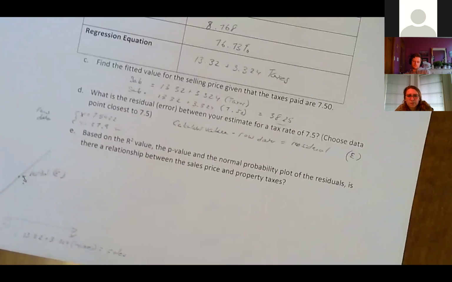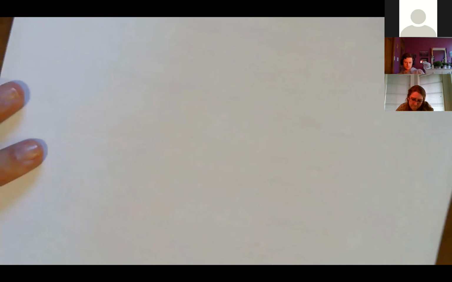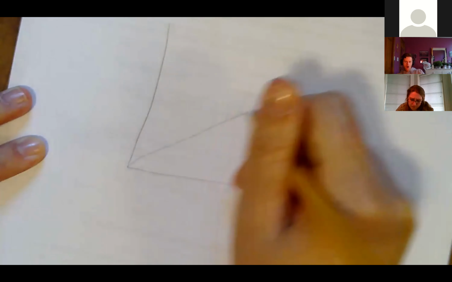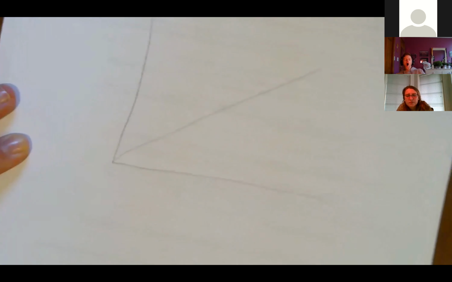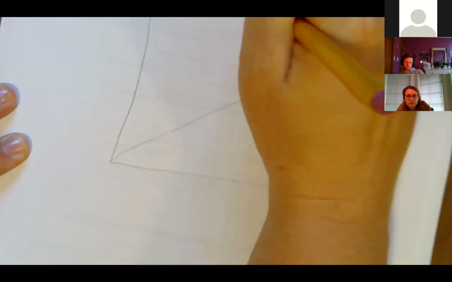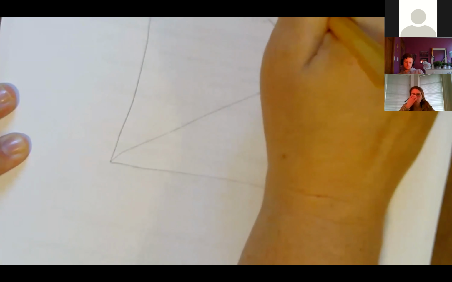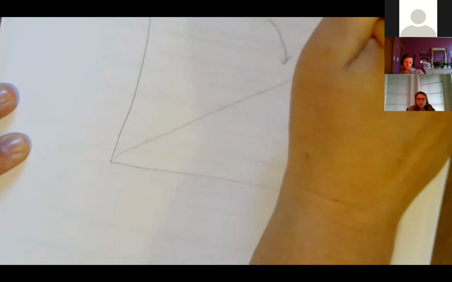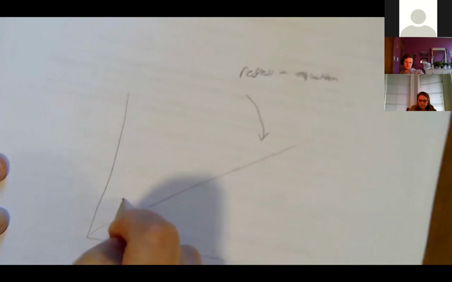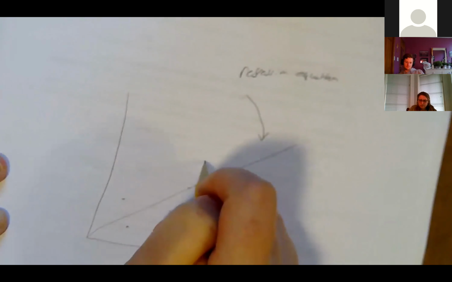So if I was to draw this, I'm just going to flip my page over so I can draw it bigger. I have a fitted line of data values based on my regression equation. So this line is from my regression equation. But all along this line are the actual raw data points.